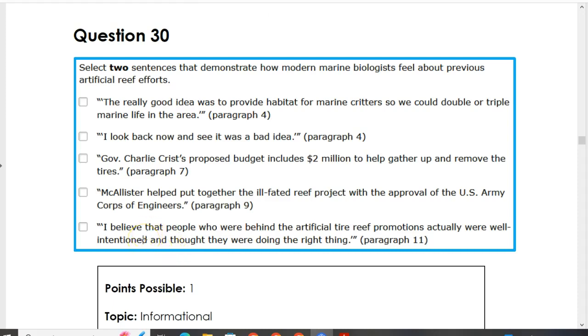Or 5, the last one, I believe that people who were behind the artificial tire promotions actually were really well-intentioned and thought they were doing the right thing.